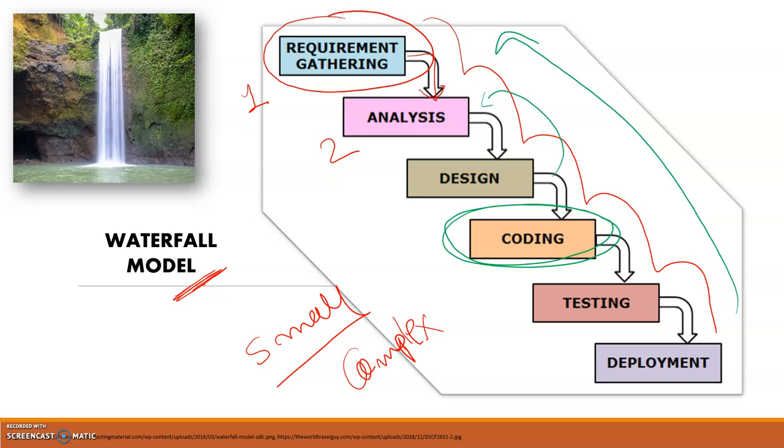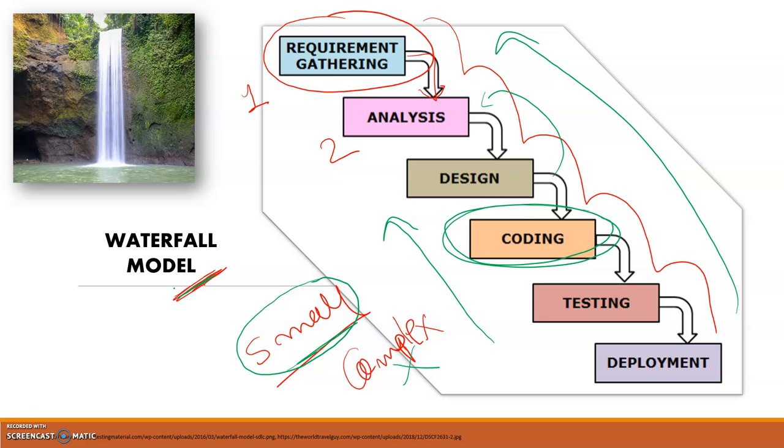Of course we can manage internally, but if you are following this model strictly, in that case you cannot go back, right? And for that, this type of model we normally use when we have small projects, not complex, very small.